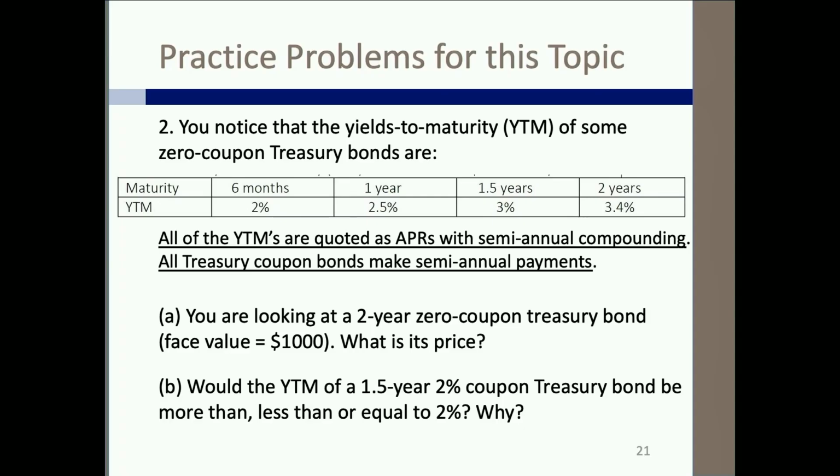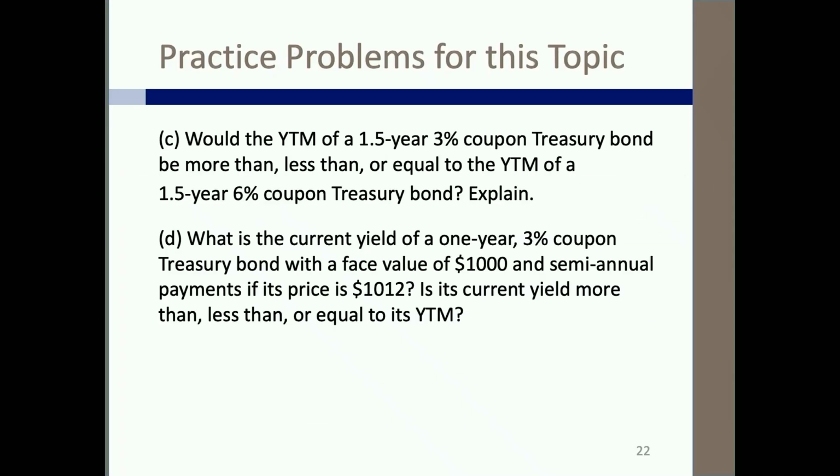B says, would the yield to maturity of a 1.5-year 2% coupon treasury bond be more than, less than, or equal to 2%? And why? C says, would the yield to maturity of a 1.5-year 3% coupon treasury bond be more than, less than, or equal to the yield to maturity of a 1.5-year 6% coupon treasury bond?